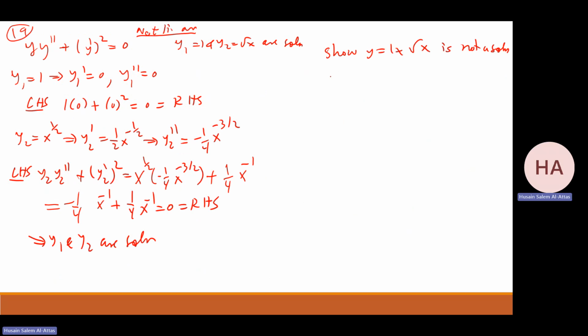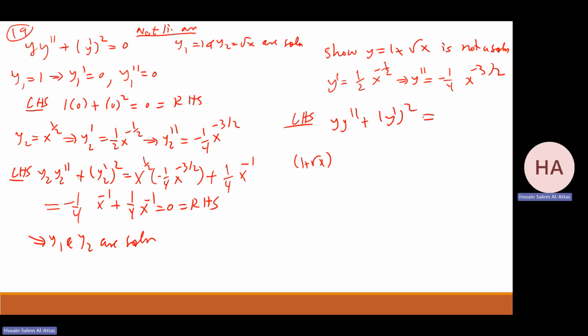Okay, so I'll check. y prime will be the same thing, half x to the minus half, and y double prime will be minus 1 over 4 x to the minus 3 over 2. Left hand side, y double prime plus y prime squared will be equal to what? y, which is 1 plus the square root of x, let me make it x to the power half.